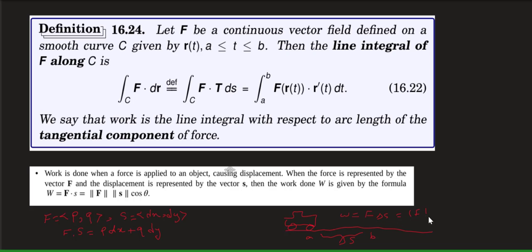It means that because the direction of F and ds was the same, F multiplied by ds in cosine 0, which is 1.